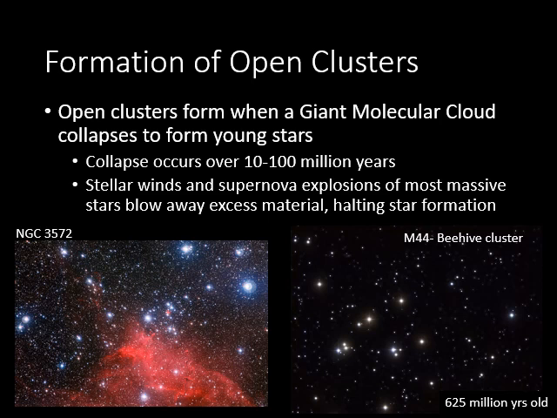Maybe all of the cloud material forms stars, maybe some of it is blown away, or maybe some of it is still there. But overall, you're going to form hundreds to thousands of stars in this small region of space. And you're going to end up with a star cluster, basically a region with many, many stars of different sizes and masses that are all fairly young compared to the globular clusters that we just talked about.